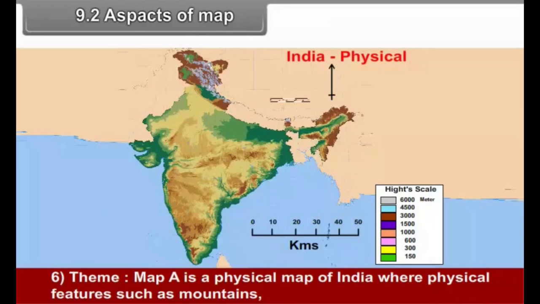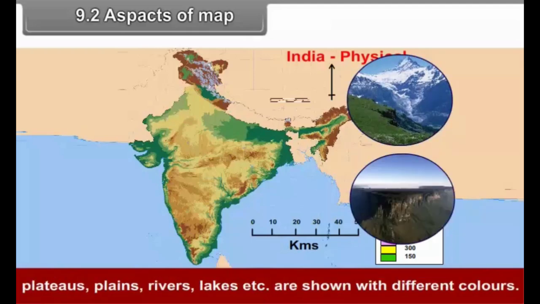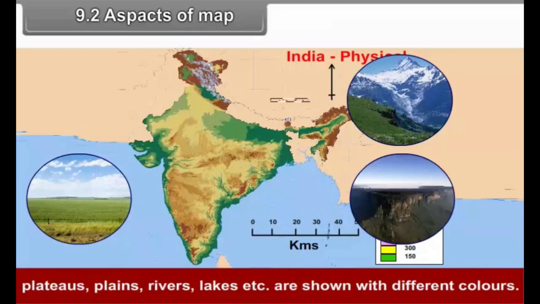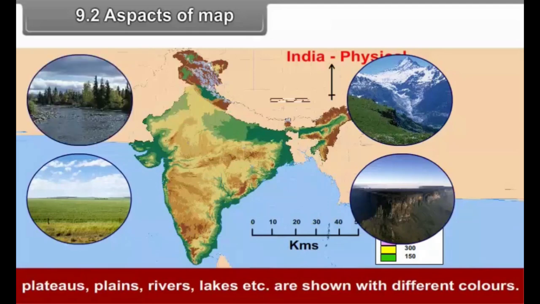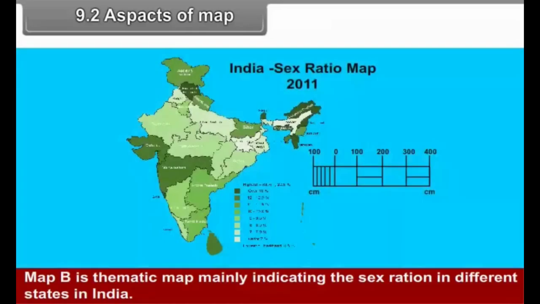6. Theme. Map A is a physical map of India where physical features such as mountains, plateaus, plains, rivers, lakes, etc. are shown with different colors. Map B is a thematic map mainly indicating the sex ratio in different states in India.